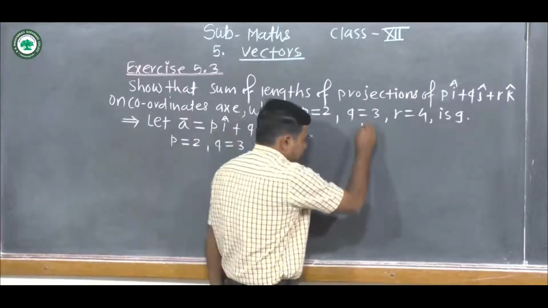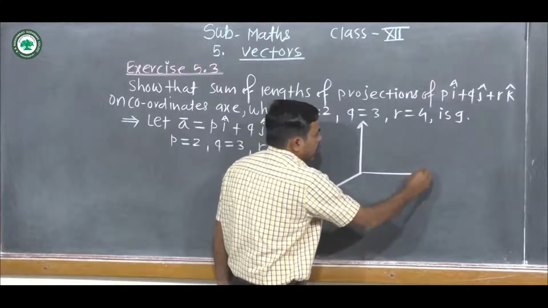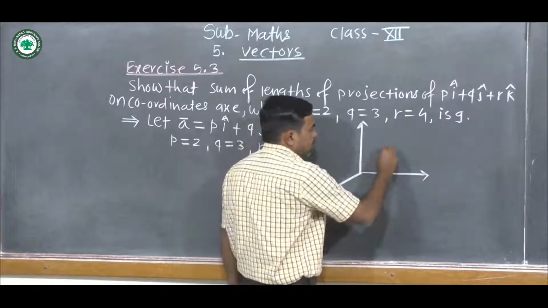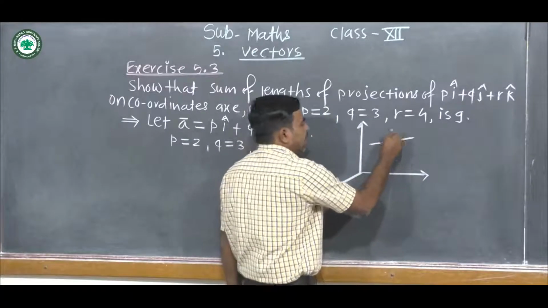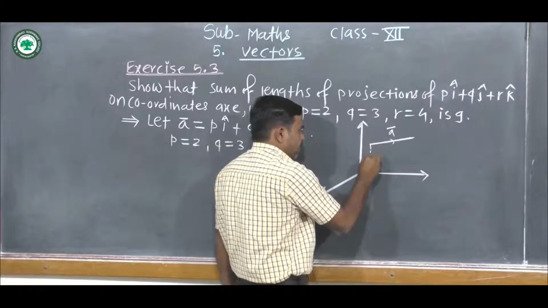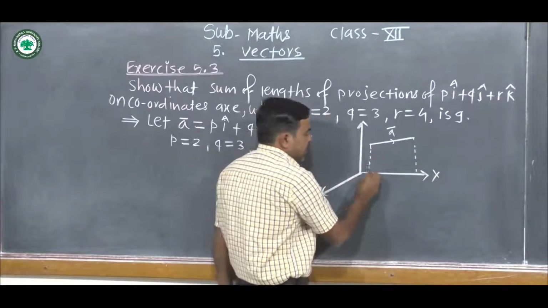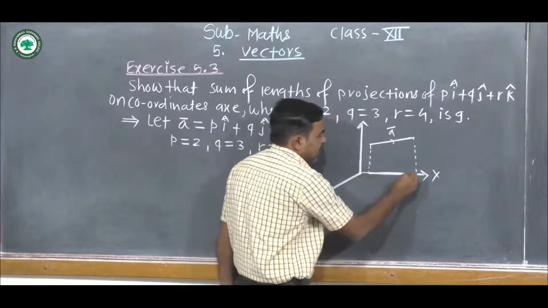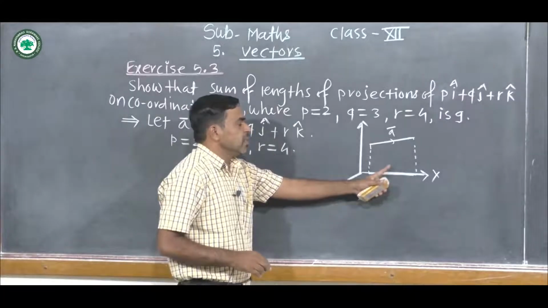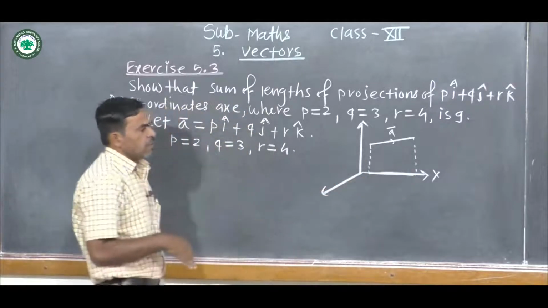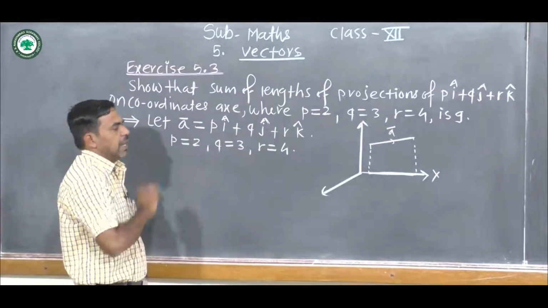Now see, if this is three-dimensional system, these are coordinate axes, and if this is your vector A bar, then if this is x-axis, then this length is the projection of A bar on x-axis. Similarly, we can find projection of A bar on y-axis, projection of A bar on z-axis.